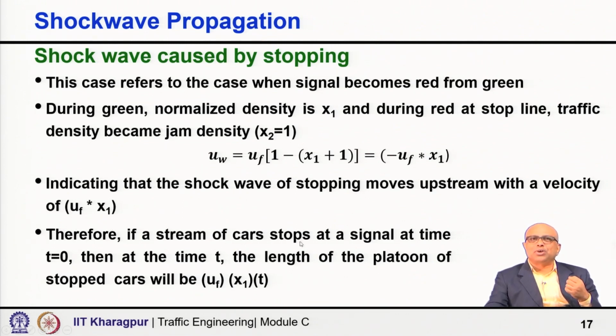Therefore, if a stream of cars stops at a signal at time t equal to 0, then at a later time t, what will be the length of the platoon? Simply it will be uw, that is Uf into x1, into time t. What is the time duration from the time the signal becomes red?